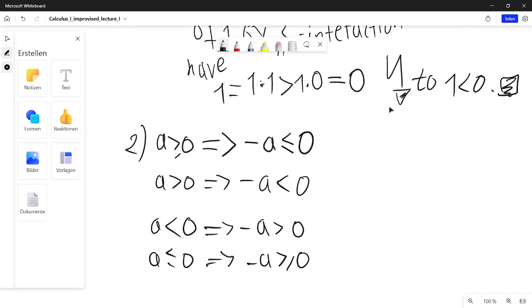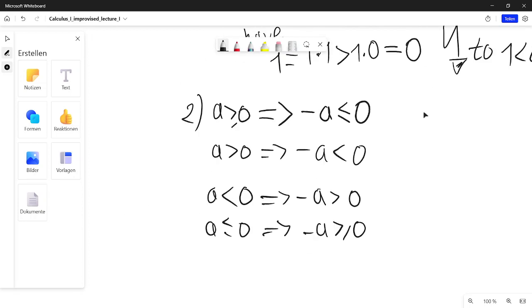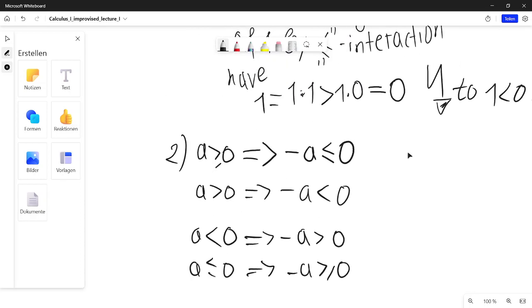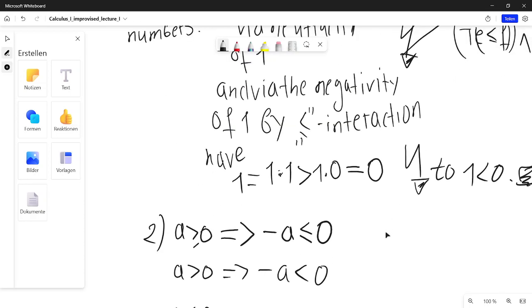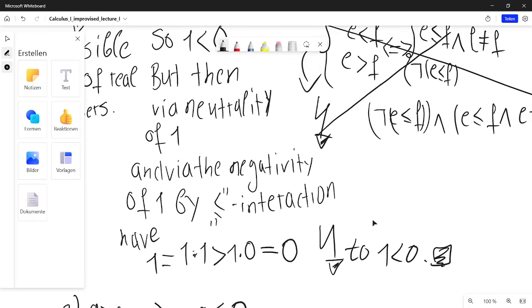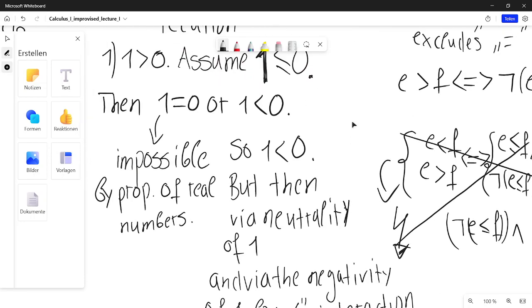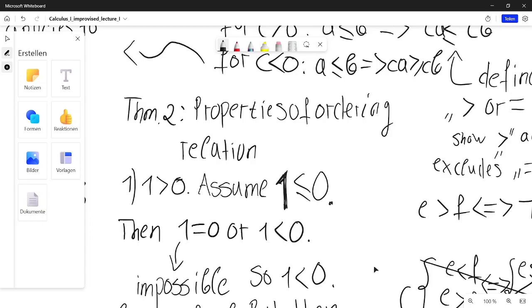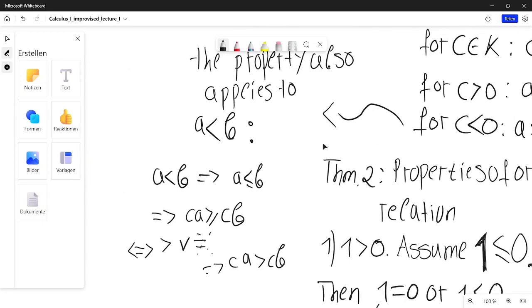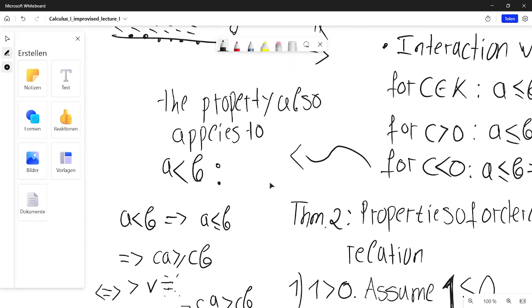Okay. What else should we do? I think that is pretty much all. And other properties of such trivial kind we will just use, and I will hint at them.